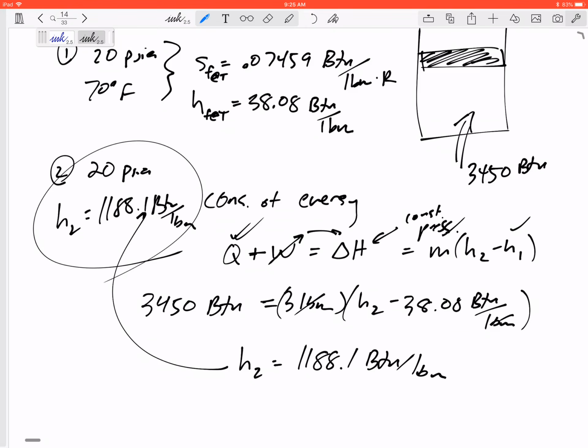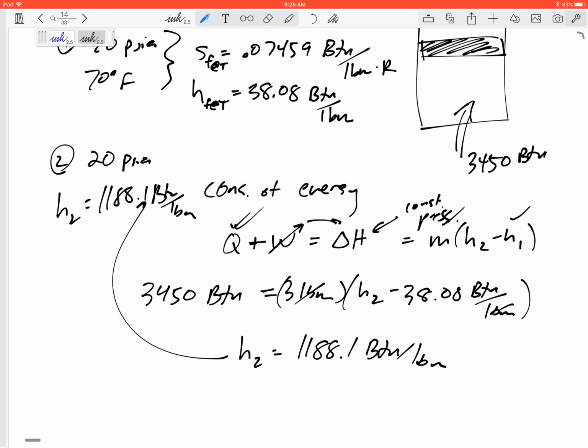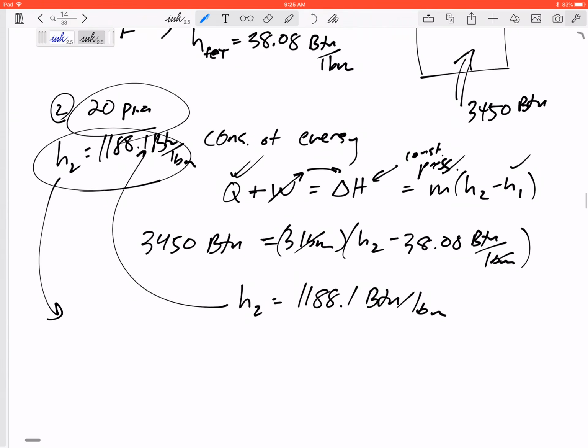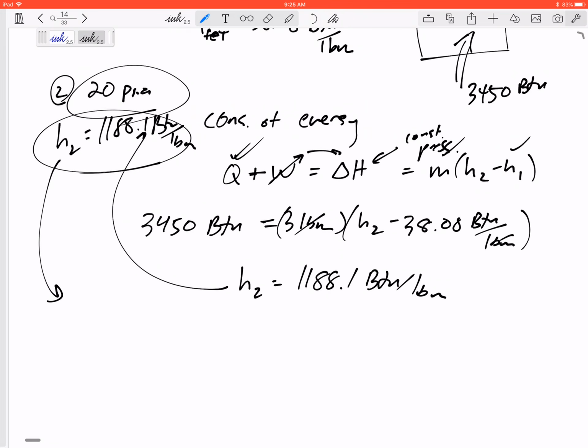Now I know that h2 is 1188.1 BTU per pound mass. I can take these two pieces of information, which fixes the state, and I can find anything else I want to. So from this, I would go to my property tables. Pause the video, go there right now, and see if you can find the S value at this pressure and enthalpy.